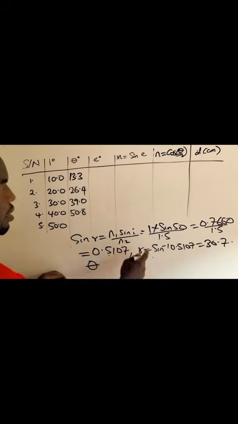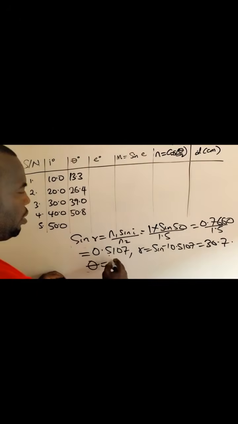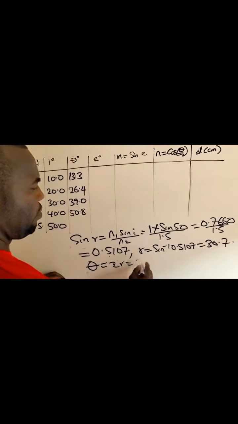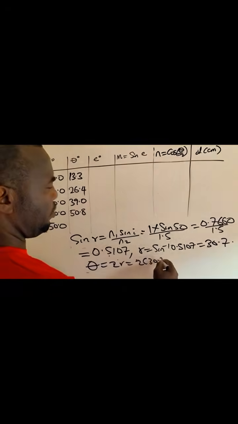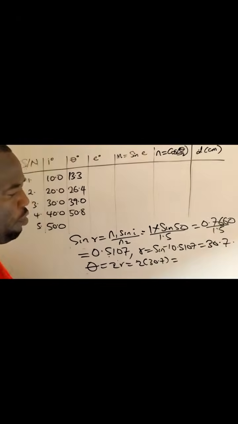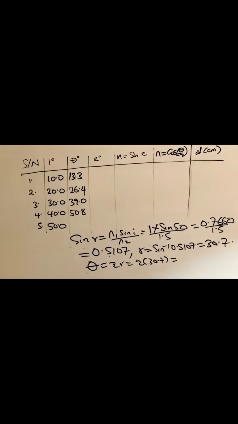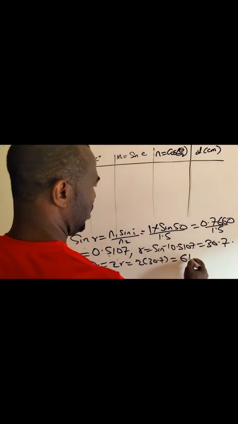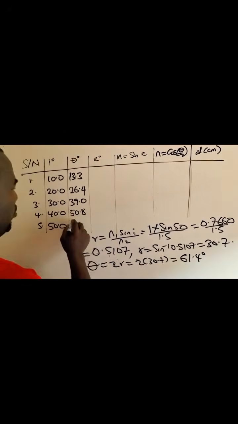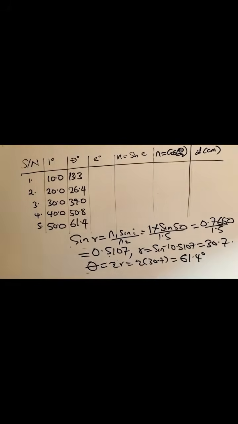Theta is 2R, which is going to be 2 times 30.7 degrees. That gives you 61.4 degrees. So you write 61.4 over there. Having done that, you fill the column for I and the column for theta, getting some good results.